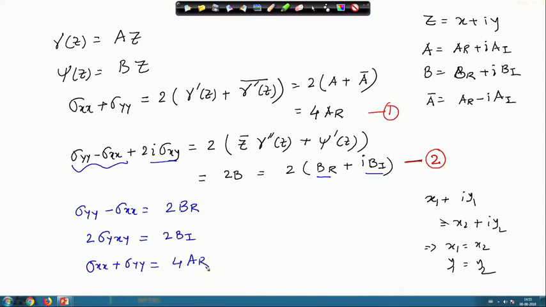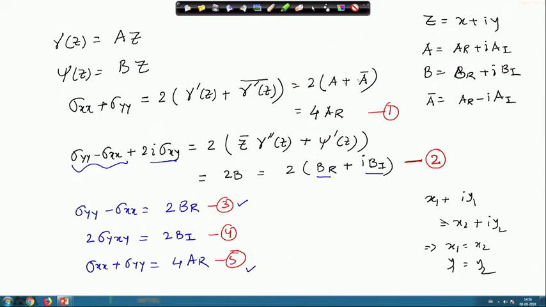Okay. So, these are equation numbers 3, 4 and 5. If we solve equation number 3 and equation number 5, then we get expressions for sigma x and sigma y, and from equation number 4 we can get the expression for sigma xy. Now, you see what advantage we had here. That is the reason why this particular combination was chosen.